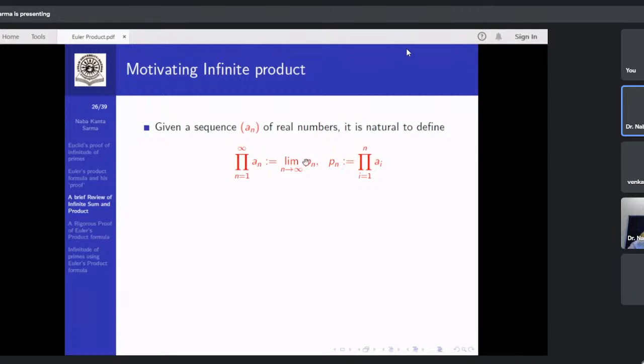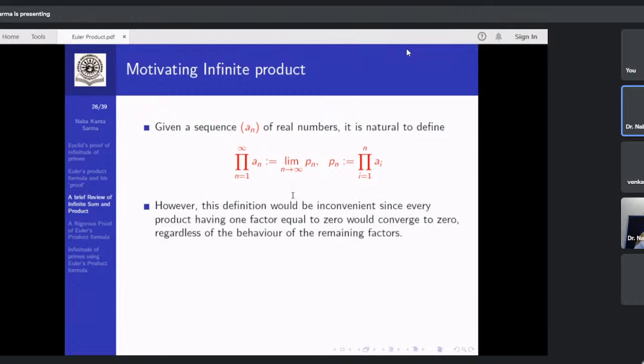In place of the sum S_n, we take P_n. P_n is the partial product, meaning the product of the first n terms, and then take the limit. We try to say that if the limit exists, then the product converges, otherwise not. This is our obvious way to extend the concept to products. But there are some problems in this.